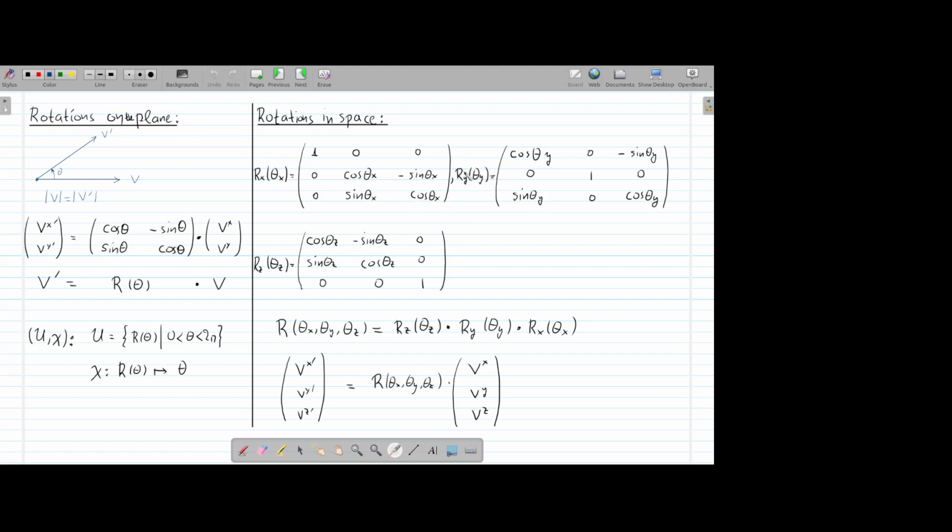Then, to this new vector, we apply a rotation with respect to the y-axis by an angle theta y. And to the resulting vector of this operation, we apply a rotation with respect to the z-axis by an angle theta z. So the rotation defined by those three angles, theta x, theta y, and theta z, can be represented by acting with the product of those three matrices on the Cartesian components of the vector.